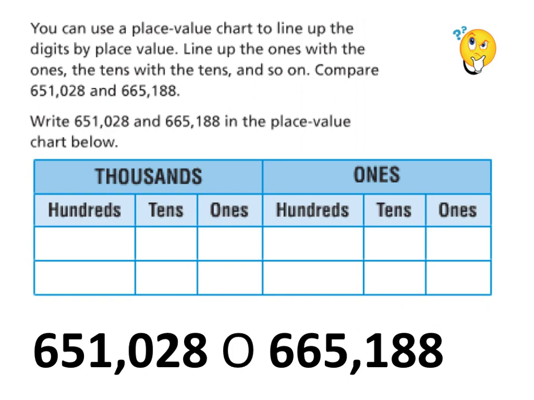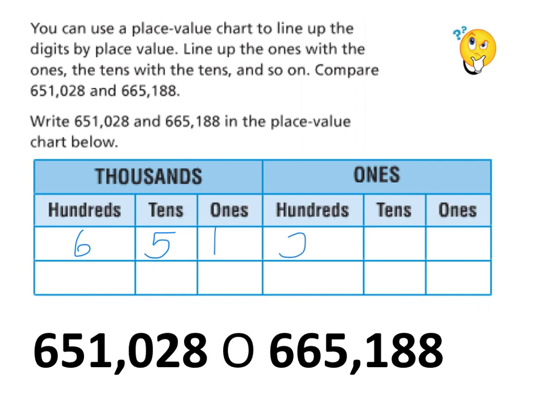If you have a place value chart, you can line up the digits by place value. You line up the ones, the tens, and so on. We're going to compare those two numbers. So let's write 651,028 in the chart. The 6 in this number stands for hundred thousands, 5 for 10 thousands, 1 for 1,000.